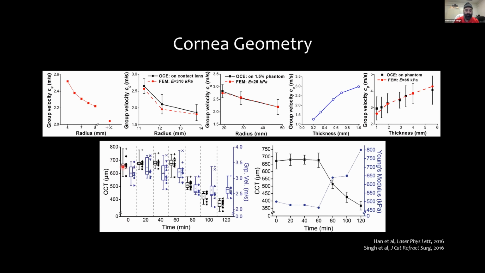We see that the cornea thins as we expect, and the velocity in the cornea follows that thickness. However, once we did the finite element modeling, we found that the stiffness is actually increasing. So even though it's still the cornea tissue and we haven't done any treatment, the cornea is thinning, but to accommodate for that loss in mass, the cornea is actually becoming stiffer.